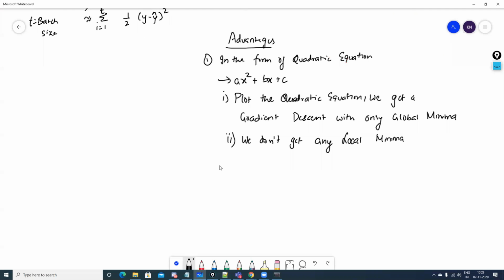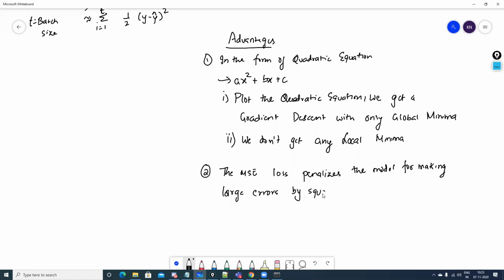The MSE loss penalizes the model for making large errors by squaring them. Just try to understand this statement, guys. This is a very important statement. The MSE loss penalizes the model for making larger errors by squaring them.